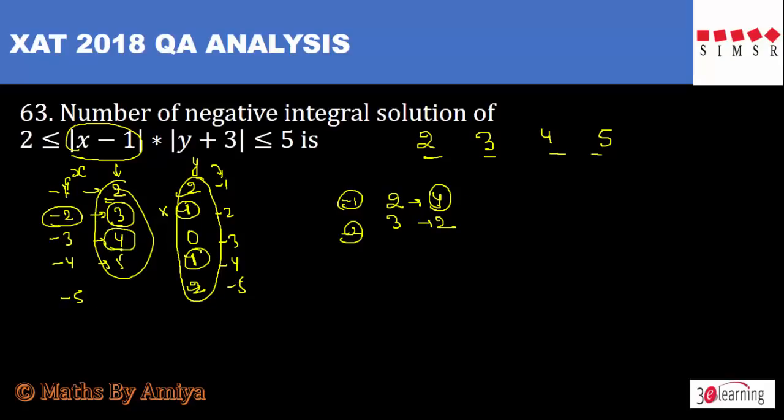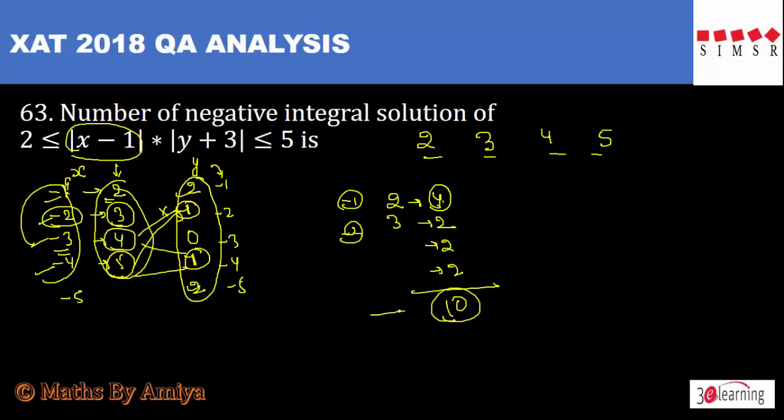For 4 as an outcome from the x, we again consider only 2 values. For 5 as an outcome, we can only consider 1 and 1 from this side. So we have 1, 2, 3, 4 corresponding values of x, we get 4, 2, 2, 2 corresponding values of y. So in total we have 10 corresponding values, or we can say we have 10 solutions.